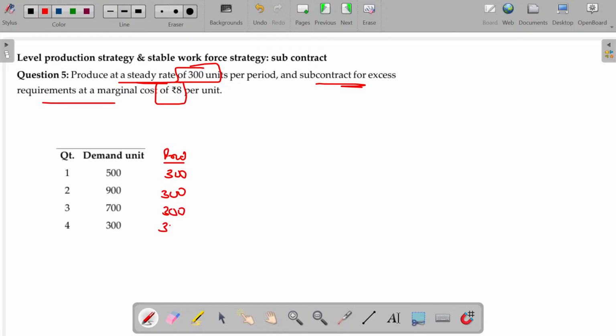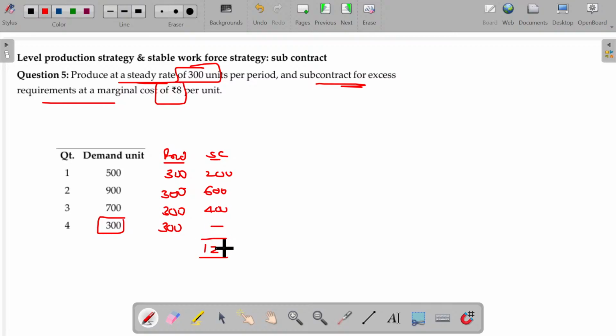When there is an excess requirement, the minimum requirement in quarter 4 will be produced by us. Whenever the demand is higher, we produce from the outside by subcontract. So first case, demand is 500, production is 300, 200 subcontract. Next 600, next 400, and so on.